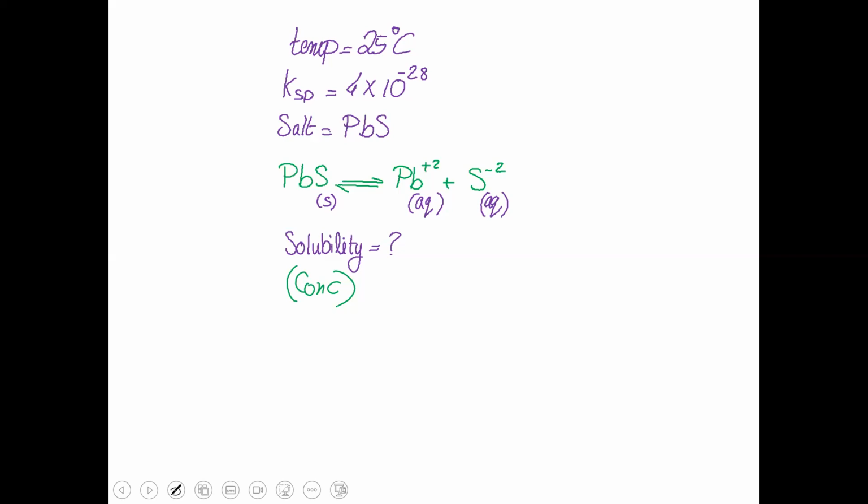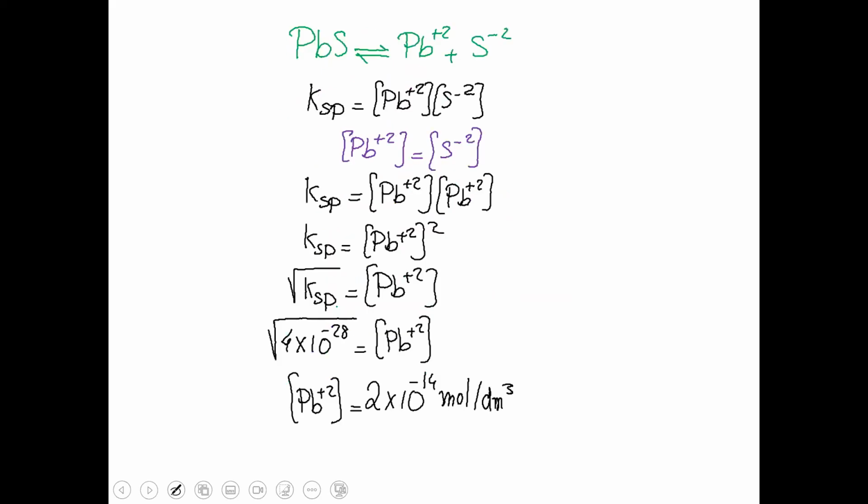So wouldn't the solubility also be 4 times 10 to the power of minus 28? So you can find the solubility either by the lead or by the sulfide ion, and you can take any one of them, because they're in 1:1 ratio. So when you write down the formula, you can take them equal and you square them.